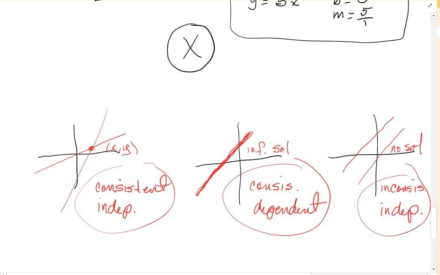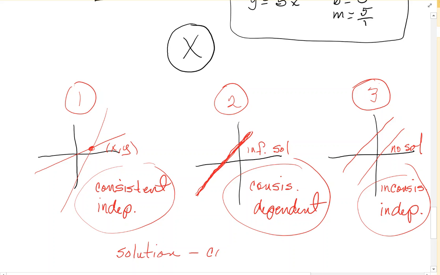Recognizing that one of three different scenarios can happen is important. But your book and your teacher may feel very differently, and she may want you to label these at some point. Remember, if there is any kind of a solution, it is consistent.